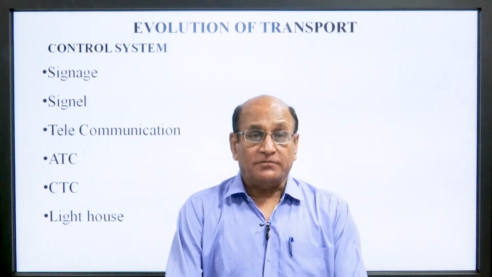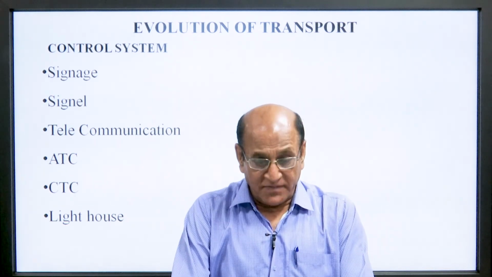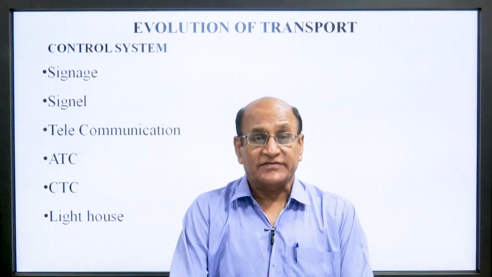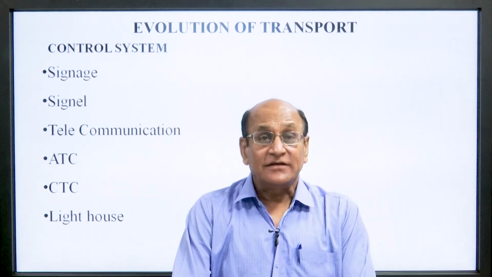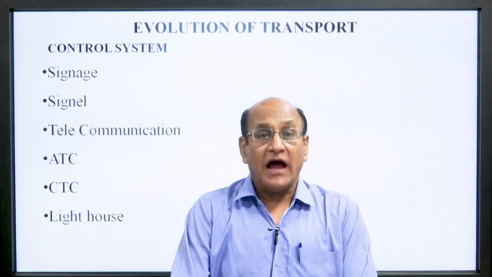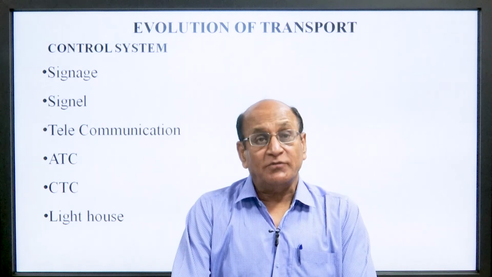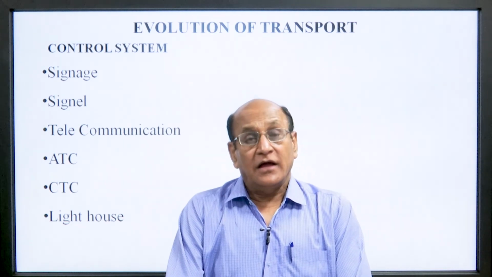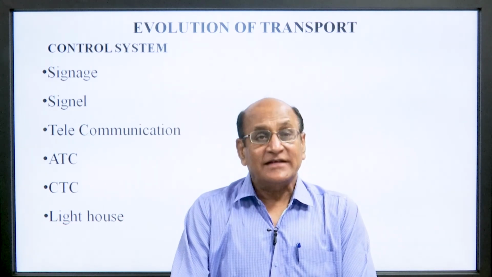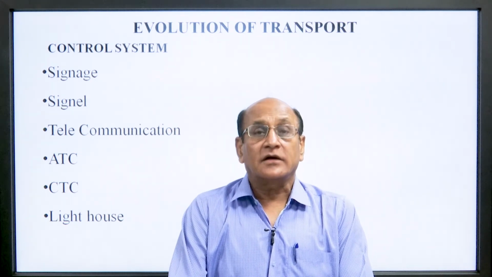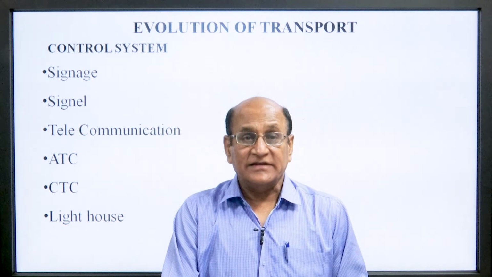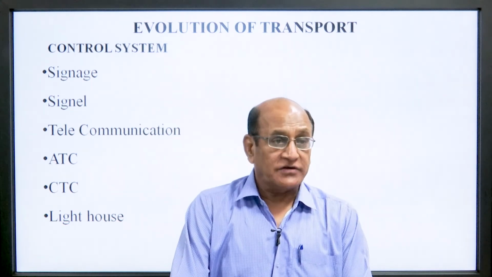The control system: we have many types of control systems, as I have discussed earlier. There are many control systems like signage, which is important and generally used in highways. Then the signaling system is used in railways, at intersections of roads, etc. Telecommunications are also, as the name says, a mode of communication.